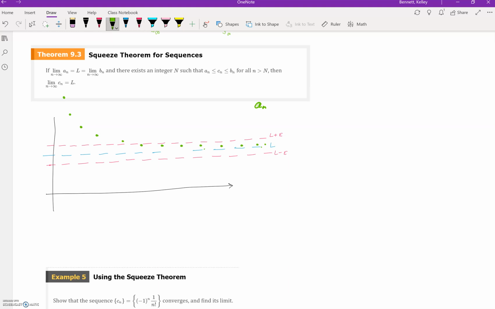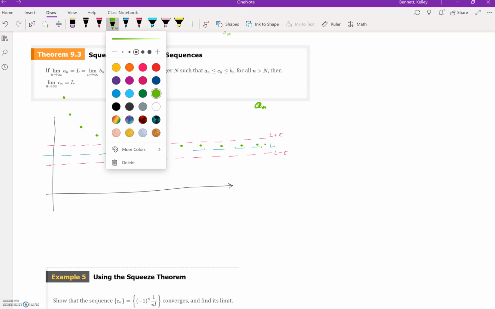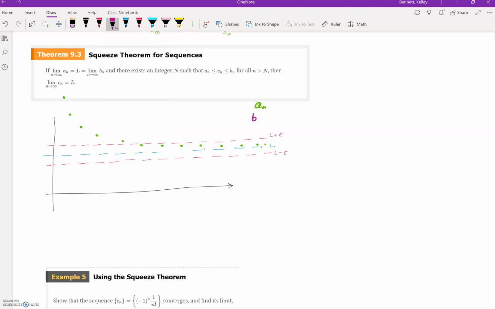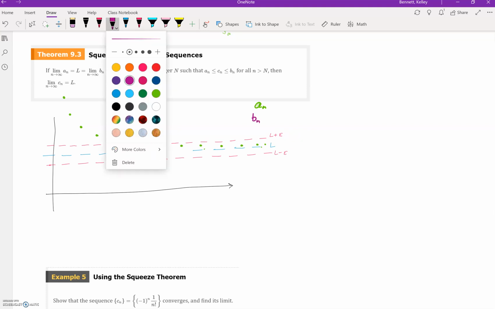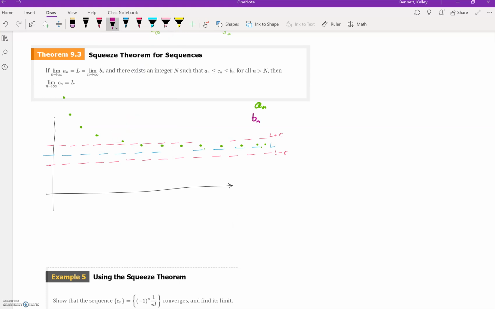And then we could also have another sequence, B sub n, and maybe it approaches its limit kind of like that, right?